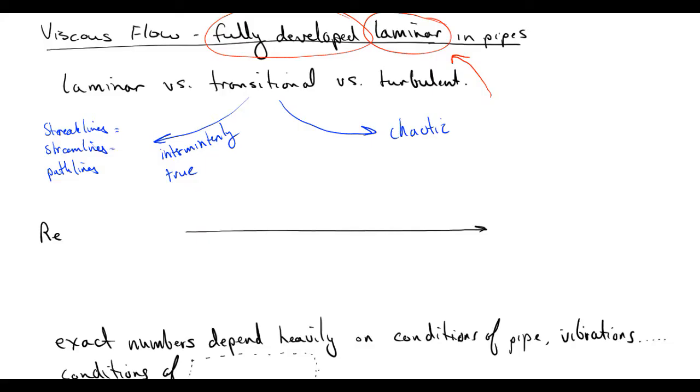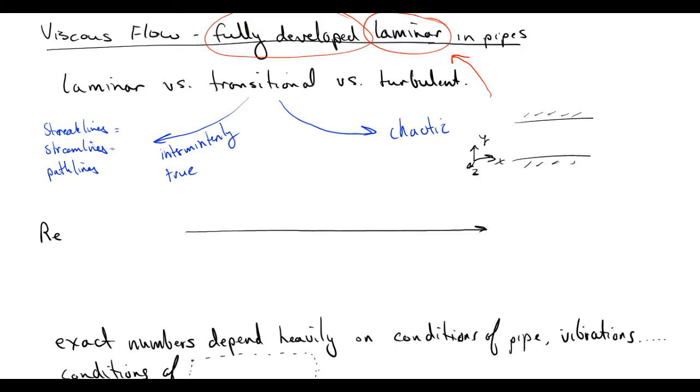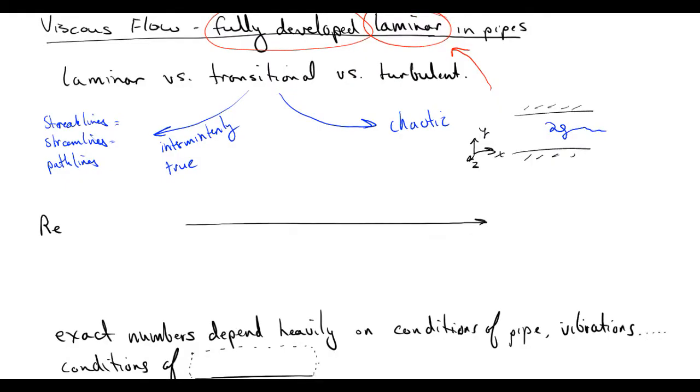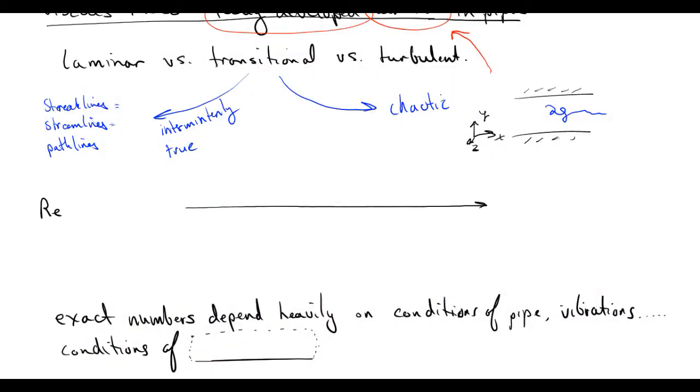So flows exist, and then beyond turbulent, we have compressible flow starting to matter, in which case we have a different kind of situation. But flows exist on the scale of laminar to turbulent, and this scale is indicated by Reynolds number. So Reynolds number is increasing in this direction.